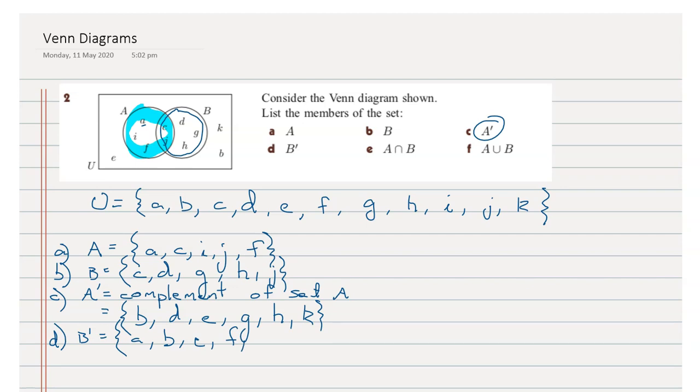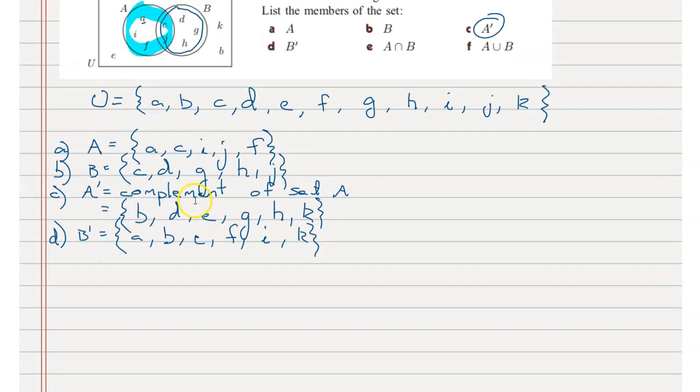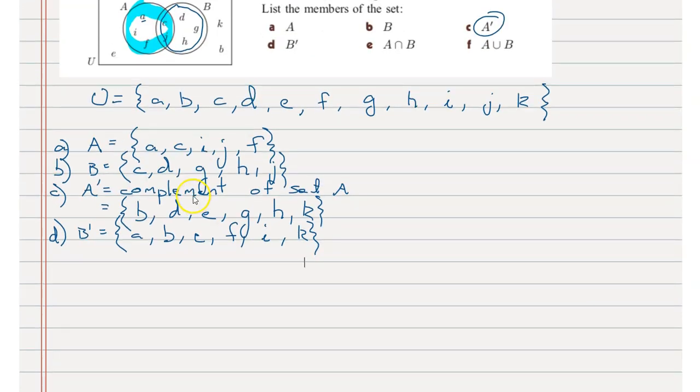And G, H, J, so I and K. So everything outside of B is the complement of B. So we should have 1, 2, 3, 4, 5, 6, 2, 4, 6. Perfect.